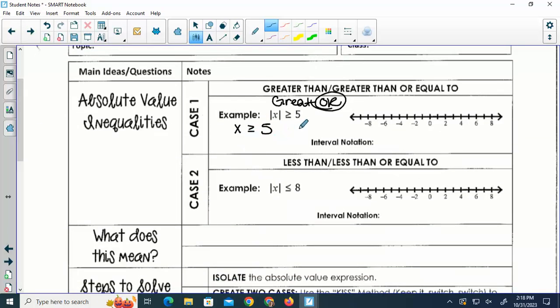Or, for the second one, you drop the absolute value, flip the sign, and make it a negative. So if it's a greater than, you set it up as an or inequality. One inequality is just what you had without the absolute value. Second inequality, you flip it and make it a negative.